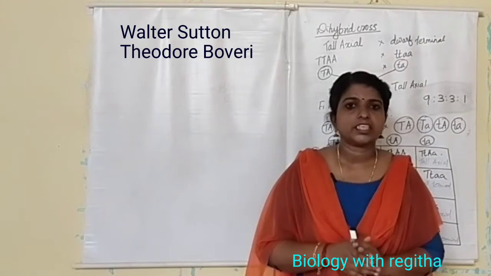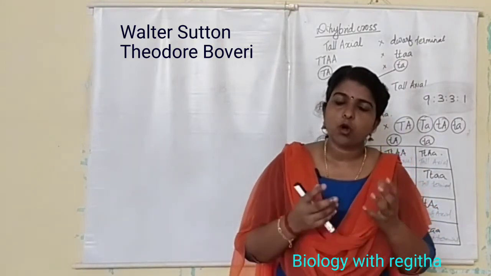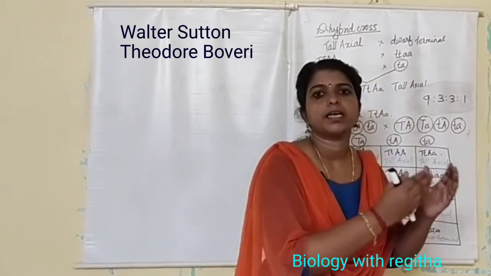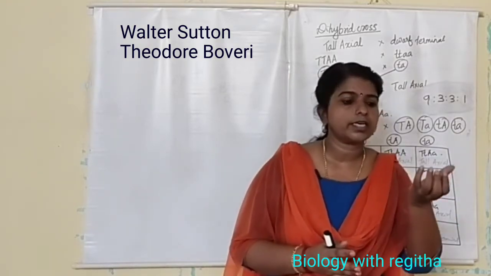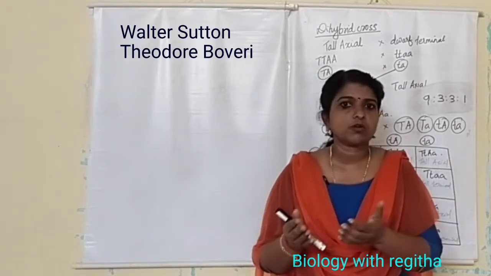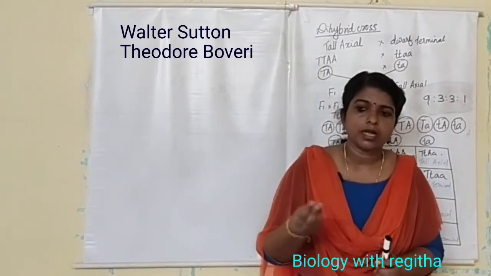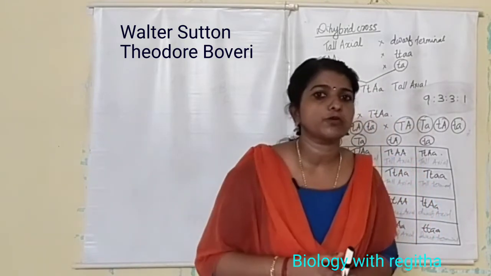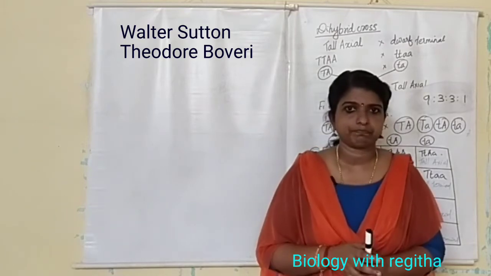Later, Sutton and Boveri found that the chromosomal movement is similar to that of the genes or factors. Chromosomes also occur in pairs. Genes also occur in pairs. And these genes are placed in the chromosome in specific positions. These positions are known as the loci.